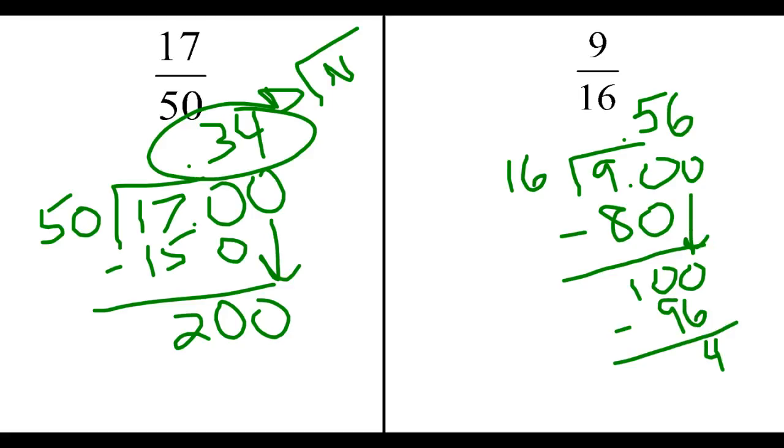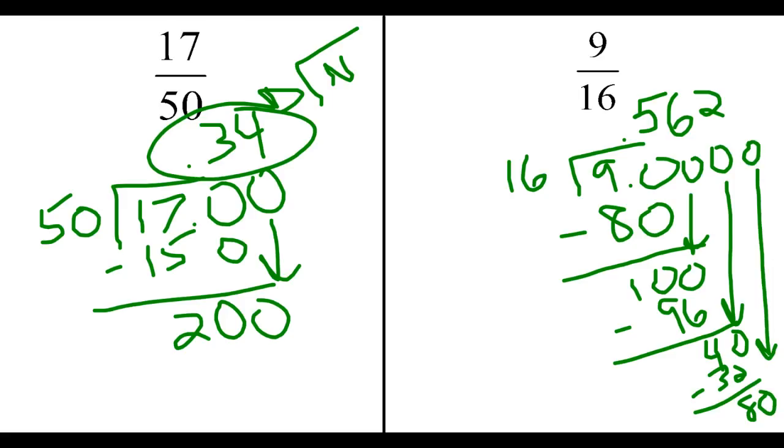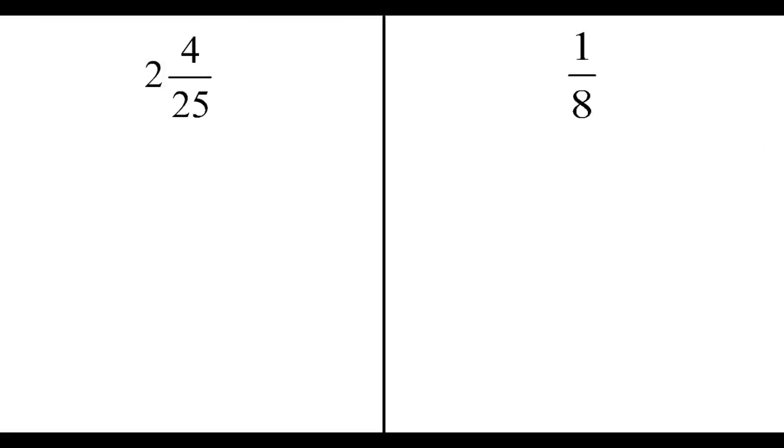Drop that, that's a 4. Another 0. Goes into 42 times to make 32. Another 0, remainder of 8, drop the 0, and now that goes in 5 times. 5 times 16 is 80, and that's where we end. 9/16 is 0.5625. Last 2 practice problems, go ahead, pause the video, and come back when you're ready to move on.